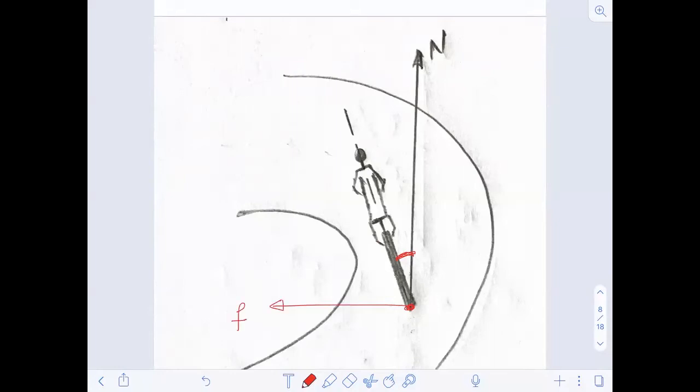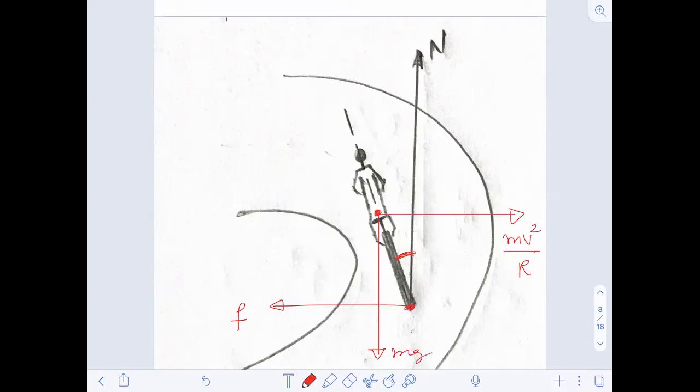The center of mass of the cycle and man system lies somewhere here. There will be mv square by r force outward, and also mg force acting downward.